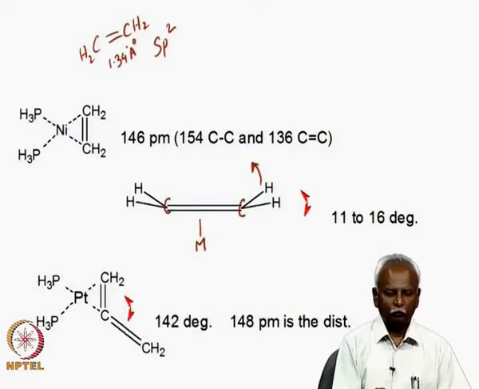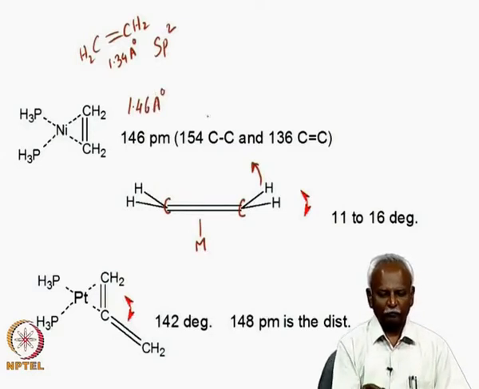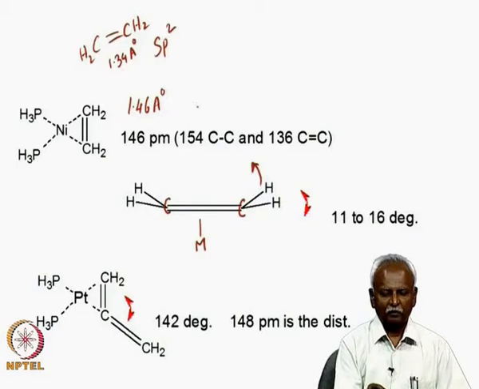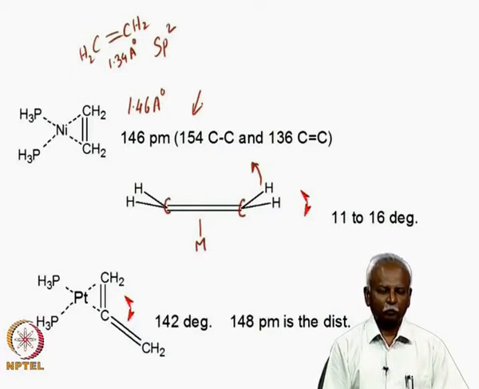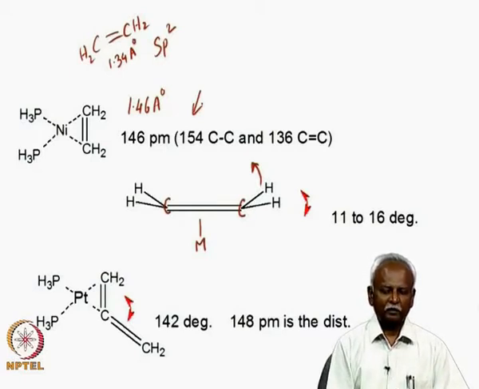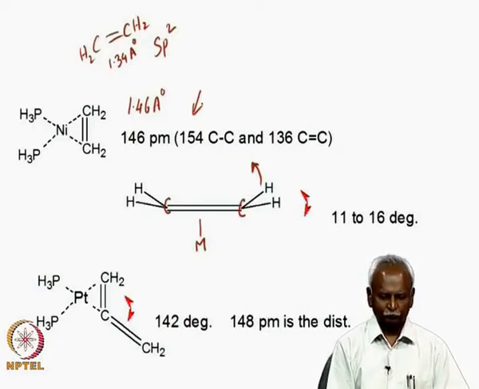In the complex, it can go all the way from 146 picometers or 1.46 angstroms to even 1.54 angstroms, and this is the distance that you have for a carbon-carbon single bond. And surprisingly, the back bonding can be more and more significant in some instances, especially if you have electron withdrawing groups, and then the bond distance can increase all the way to 1.54 angstroms.